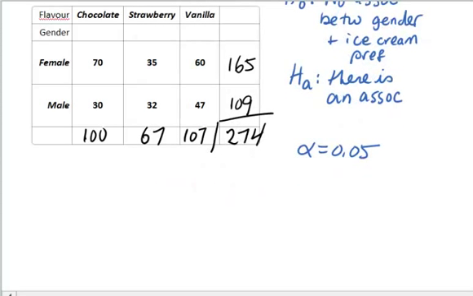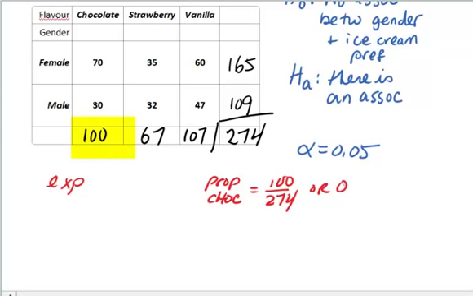So now let us start calculating the expected values for the table, assuming that the null hypothesis is true. From the table we can see that the proportion choosing chocolate overall is 100 people divided by 274, or 0.365, or if you prefer, 36.5%.